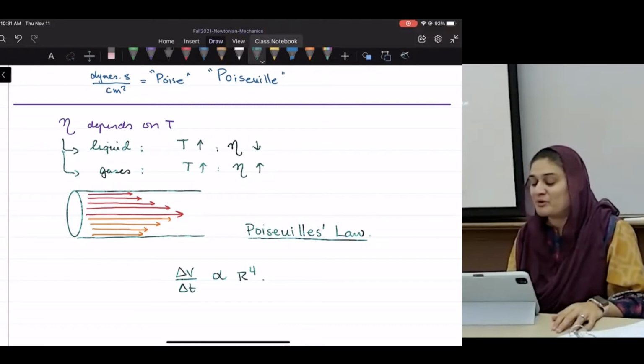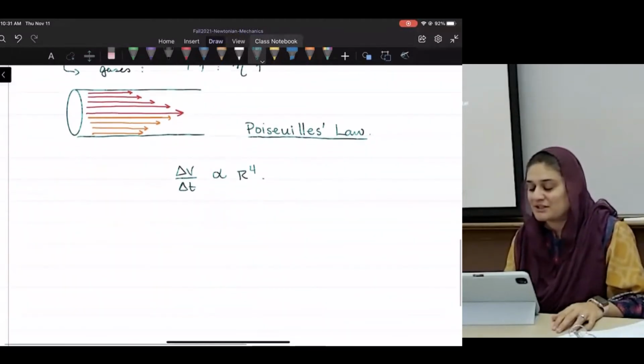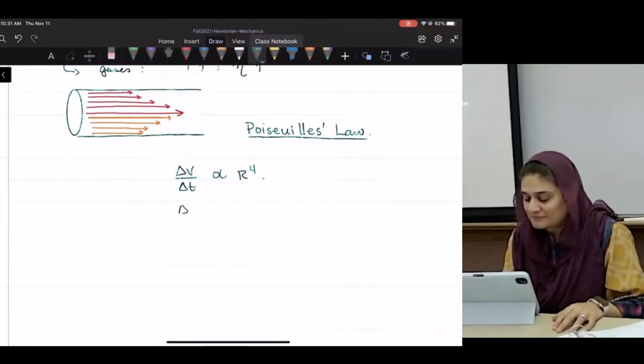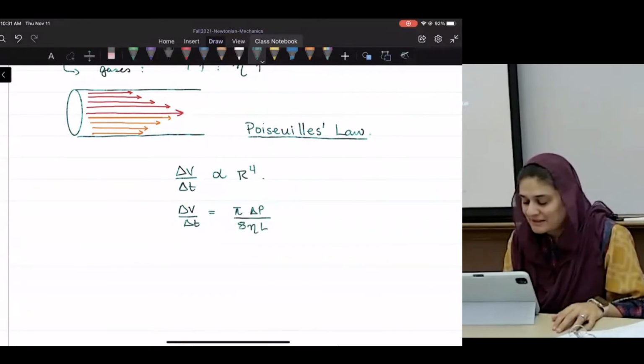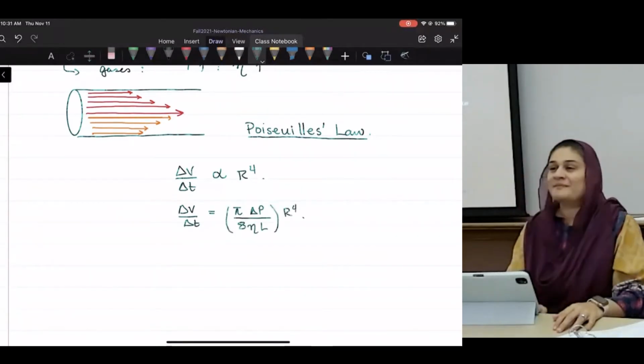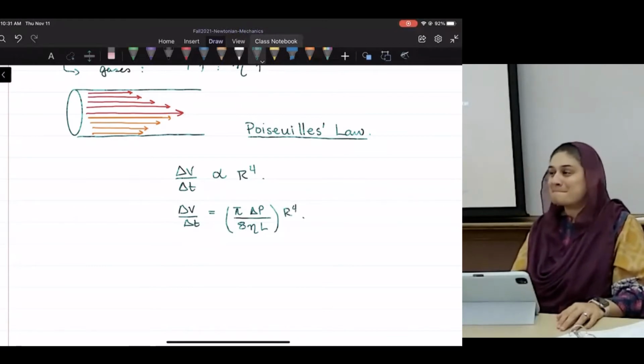And do you know what this proportionality constant is when you change it? Nope. He actually found this was pi delta P divided by 8 eta L. Wow.